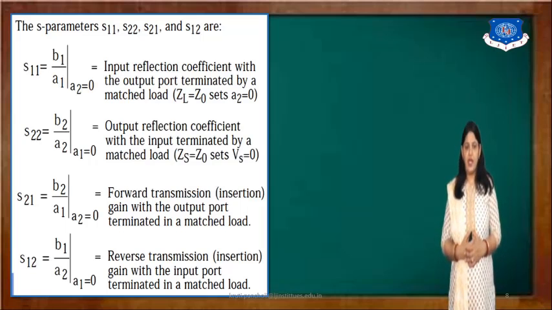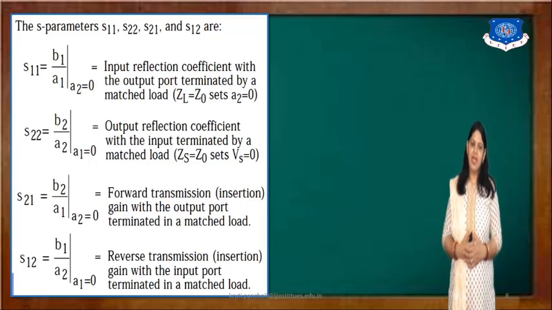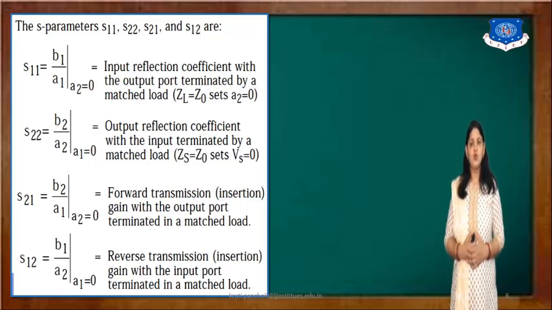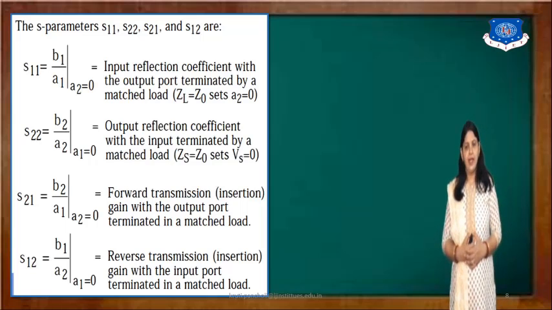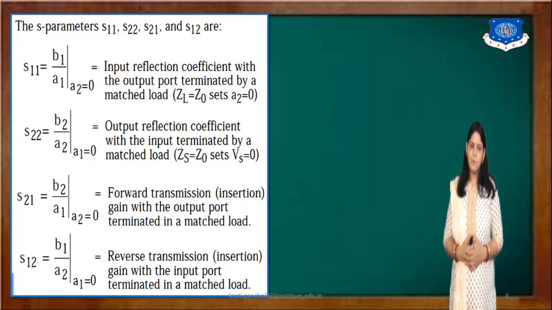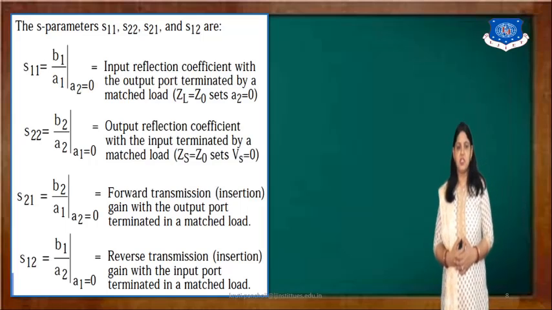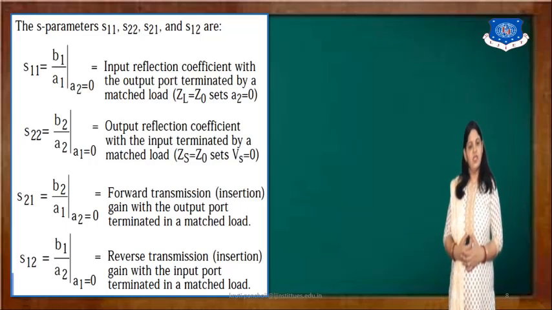Now S21 is known as the forward transmission insertion gain with the output port terminated in a matched load. So it is B2 upon A1 while A2 is equal to 0. S12 is equal to B1 upon A2. It is the reverse transmission gain with the input terminated in a matching load.